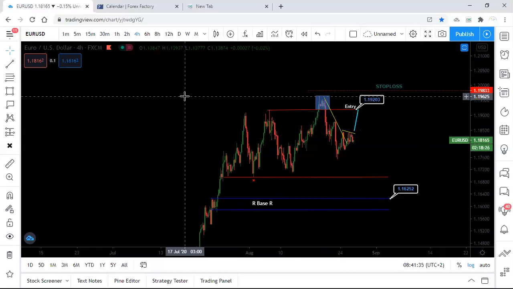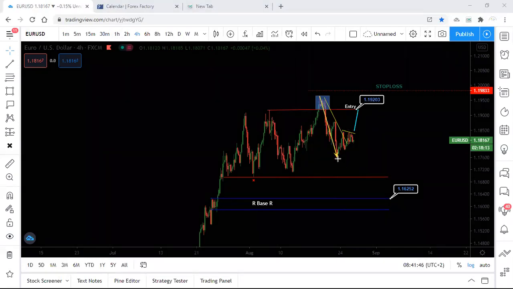Apparently this is what the structure might be unfolding on the Euro US dollar. We had this move in three waves going down, and hence here we might be having some kind of corrective structure that can probably push to that level.